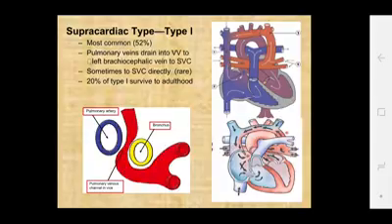So this is left to right shunt. Sometimes this vertical vein may be obstructed if it courses between a bronchus and the pulmonary artery, or it goes to the right side, courses for a long distance and joins the superior vena cava directly. So this is type 1 or supracardiac type.